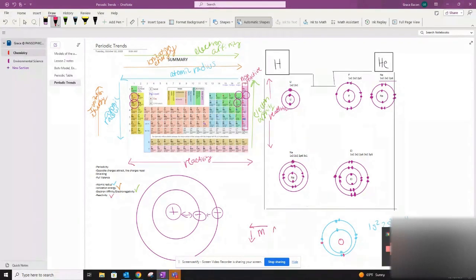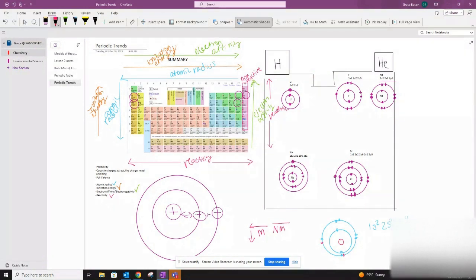For nonmetals, it's going to be the exact opposite, because nonmetals are going to want to gain electrons rather than lose electrons. So it's going to be moving in the opposite direction. So it's for the same reasons that we have a higher electronegativity for fluorine than we do for chlorine because of that shielding.